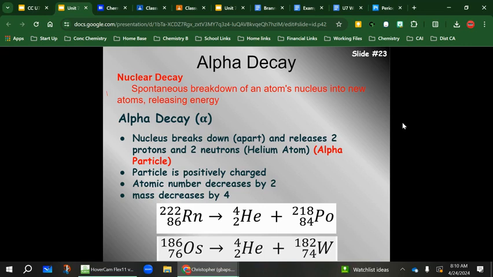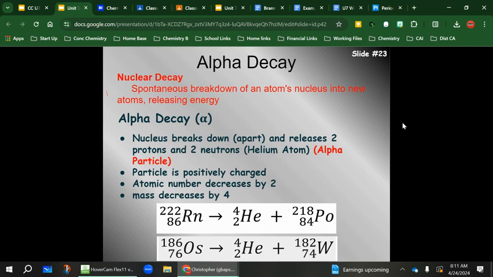By the way, each different isotope only undergoes a certain type of nuclear decay. So osmium 186 only undergoes alpha decay. It does not undergo beta decay. Only alpha decay. And when it does, we can tell what it creates.